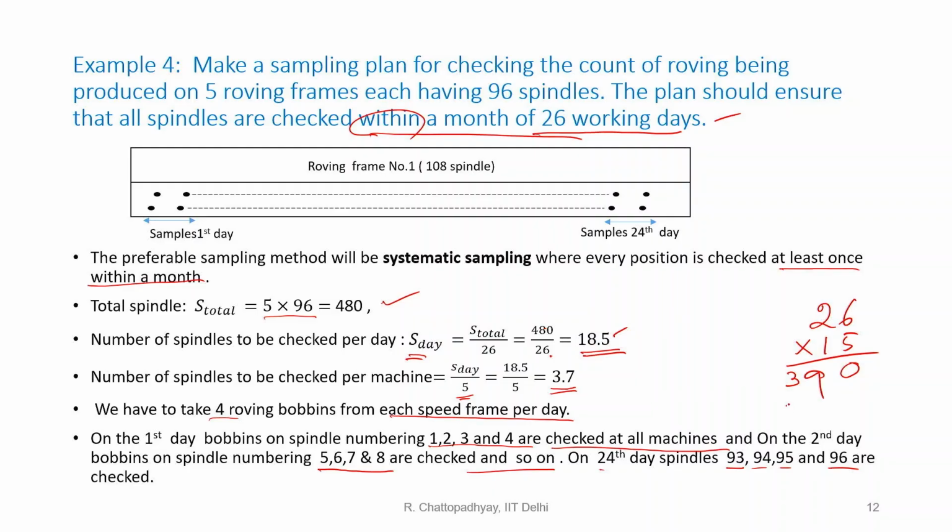But how many do we have? 480. The actual number of spindles is 480. So if I go by 3 per day, we will not be able to finish checking all the bobbins from all the spindles in 26 working days. That's why we are not going for three rovings, but we are going for 4 rovings. This is the reason.